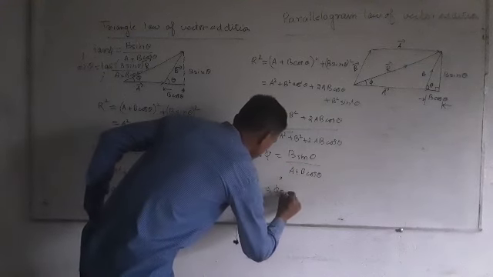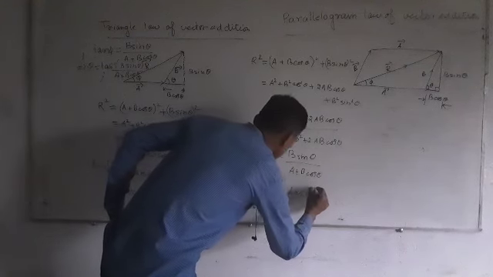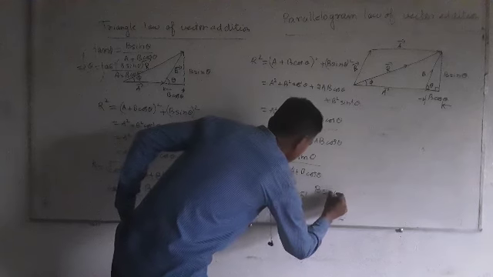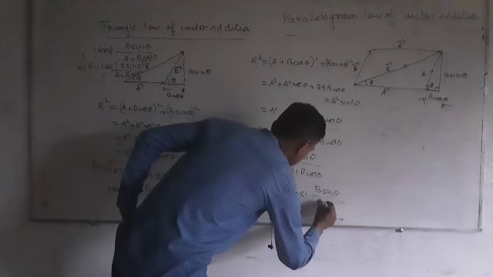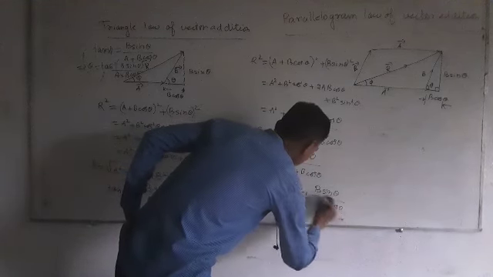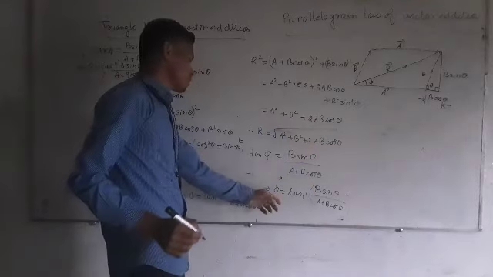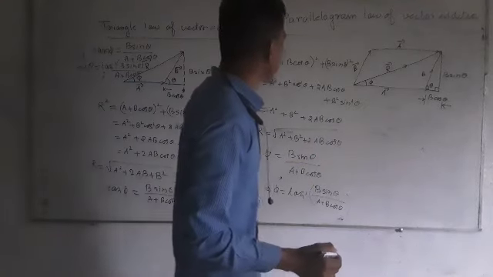Therefore, phi is equal to tan inverse of B sin theta divided by A plus B cos theta. This angle gives the direction of the resultant vector.